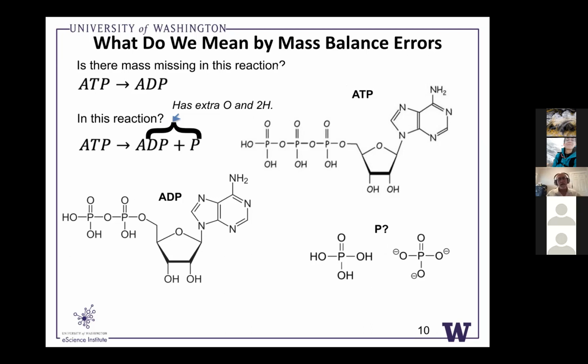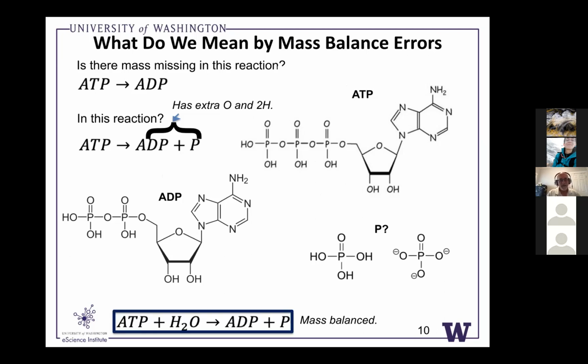But ignoring that part, at least you're breaking bonds. And so if you add up the atoms, you're not going to come up with the same counts. And that's why it's hydrolysis, right? You need water in there too. So technically you probably have to have something more like this. But again, there's some quibbling over here based on the chemical environment about where the protons are. So this would be mass balanced. You could count them all out.